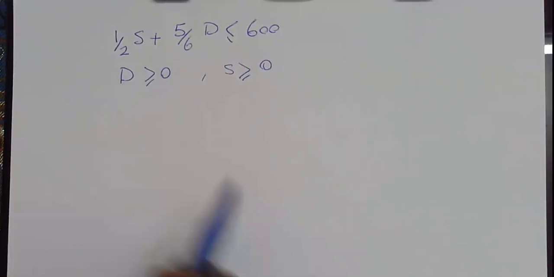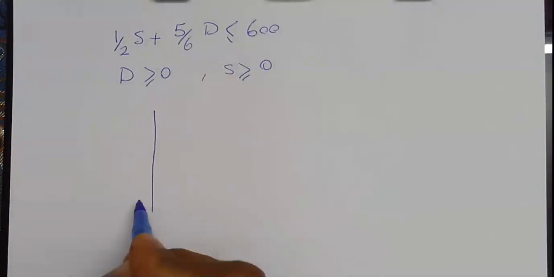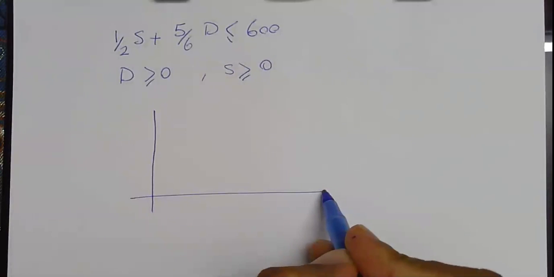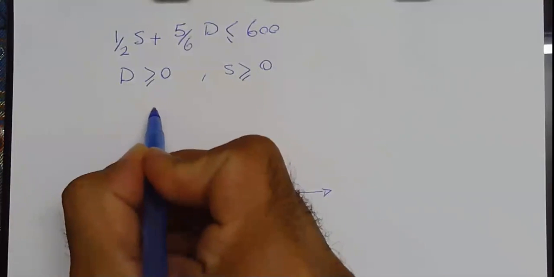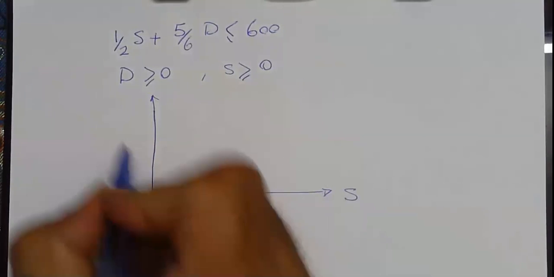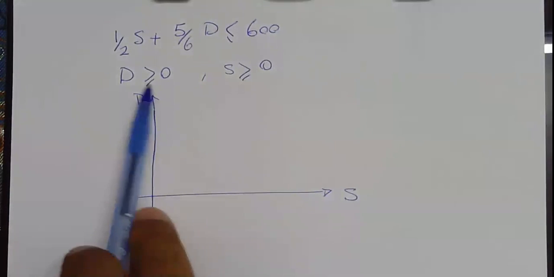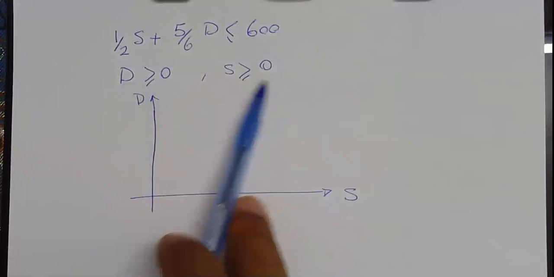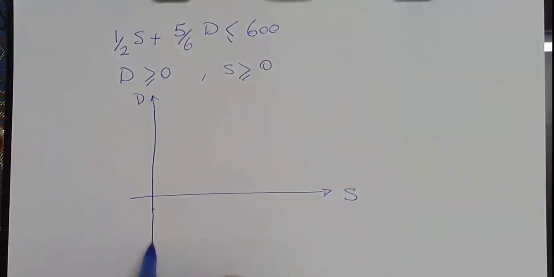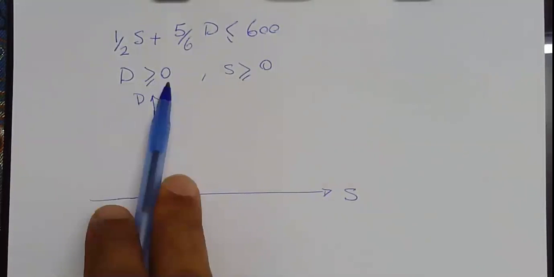So here, if we consider the whole space, where, for example, S is on the horizontal axis and D is on the vertical axis, I'm just going to start with these two, and then we can draw the other one, and then keep going for the other three constraints. D greater than or equal to 0.